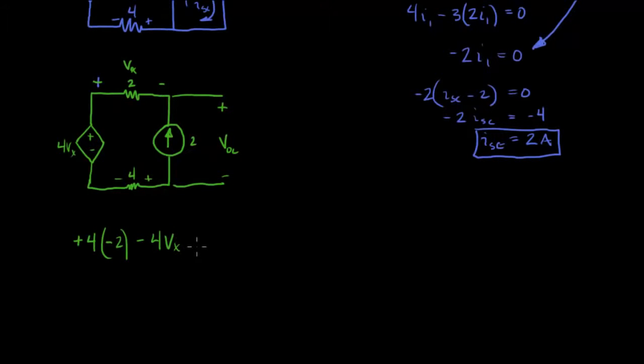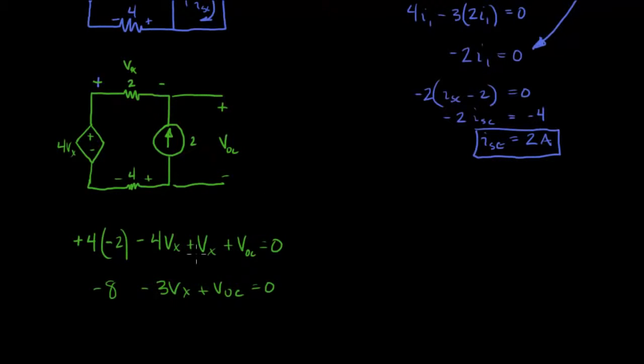And then plus Vx. And then finally plus VOC equals 0. So then this is minus 8 minus 3Vx plus VOC equals 0.